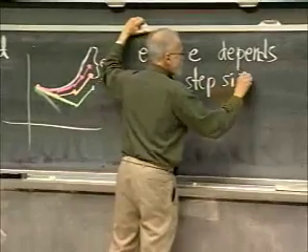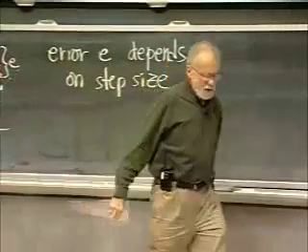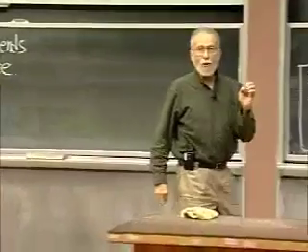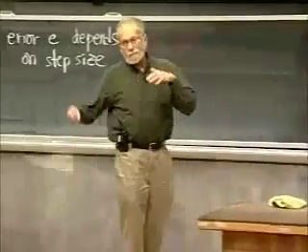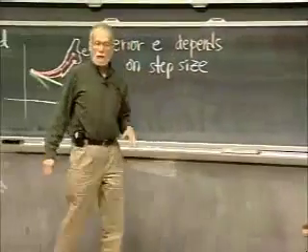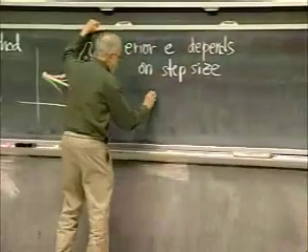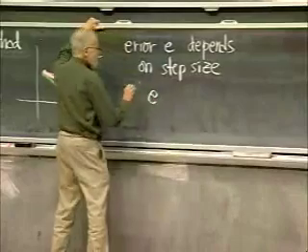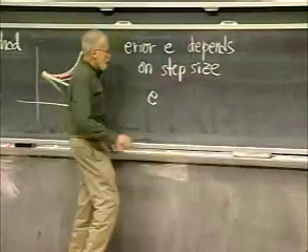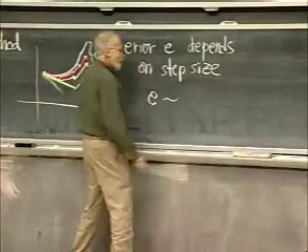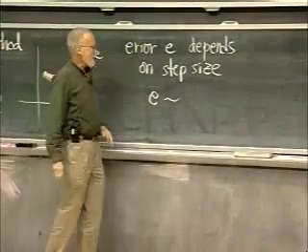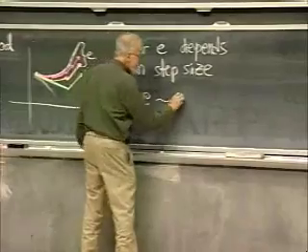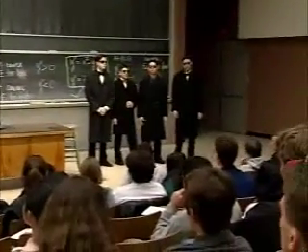Now, how does it depend on the step size? Well, it's impossible to give an exact formula, but there's an approximate answer which is, by and large, true. The answer is, E is going to be a function of h. What function? Well, asymptotically, which is another way of putting quotation marks around what I say, it's going to be some constant times h.